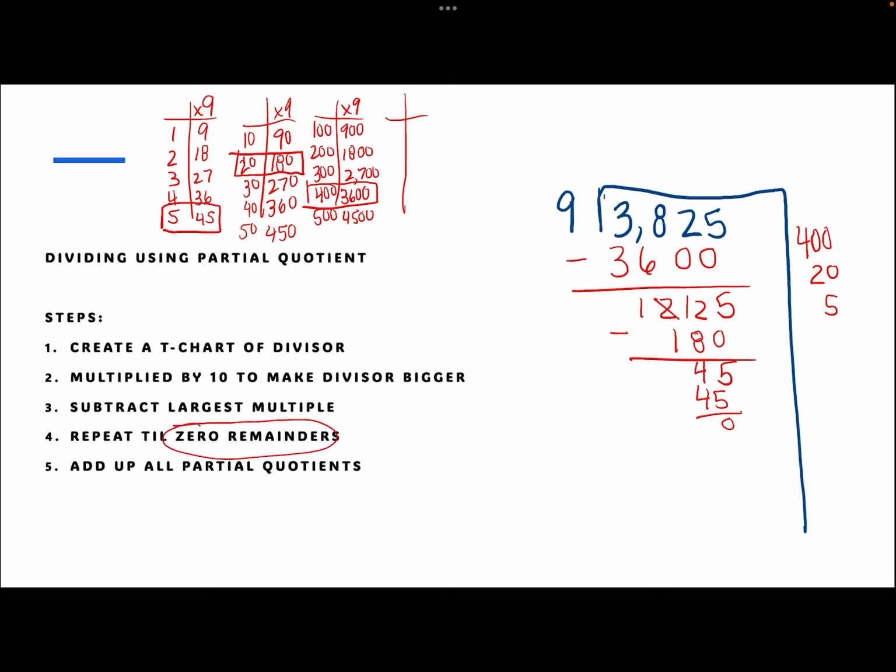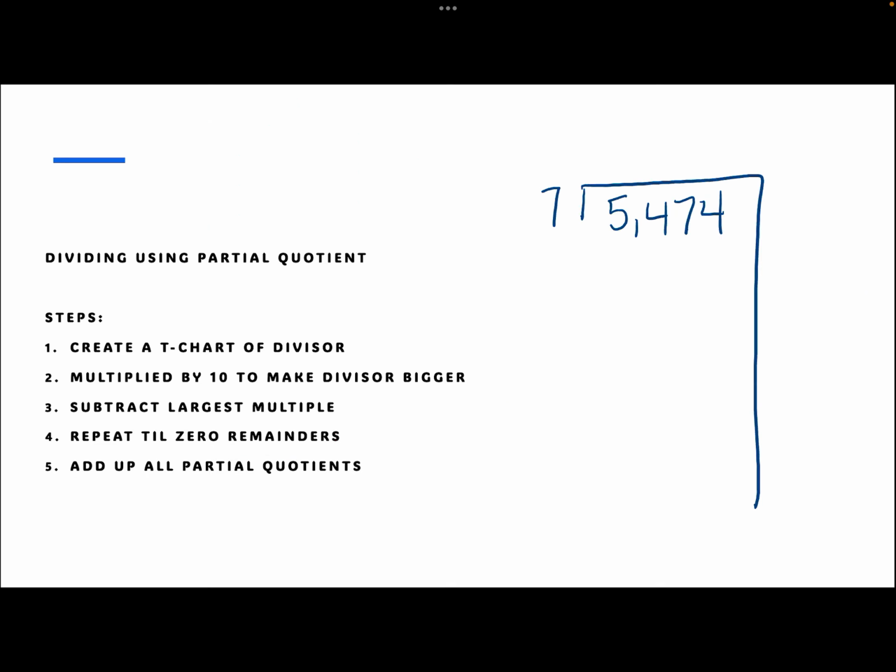So now we are done. The last step is to add up all of my partial quotients. The most important part to this is to make sure you line them up in each place value. So in this case, 5, 2, 4. So in this case, my answer is 425. Let's try another one. Same thing.